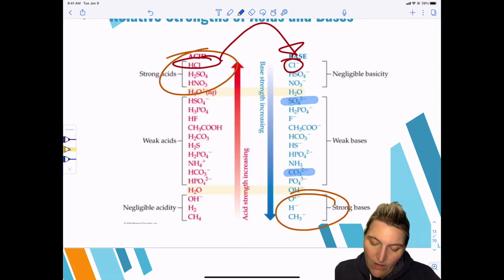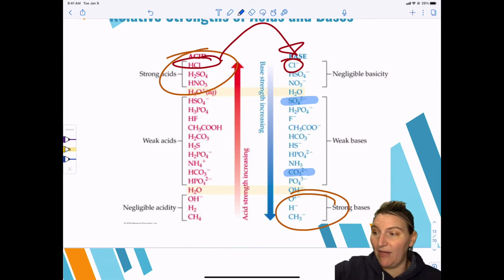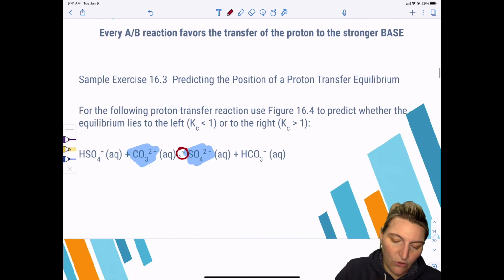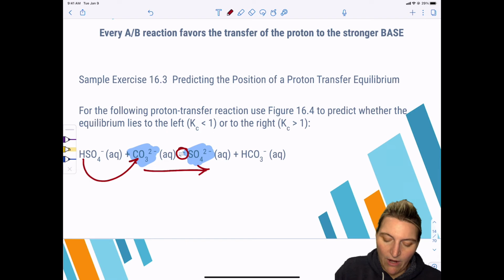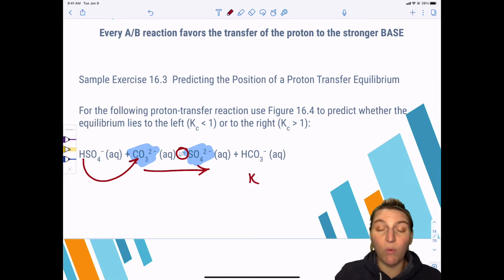If we look at these, it looks like CO3 2 minus is the stronger base. If that is the stronger base, that means the proton will get transferred to the stronger base. So the forward reaction will happen more. Now that we know about equilibrium constants, what can we say about the equilibrium constant for this reaction?